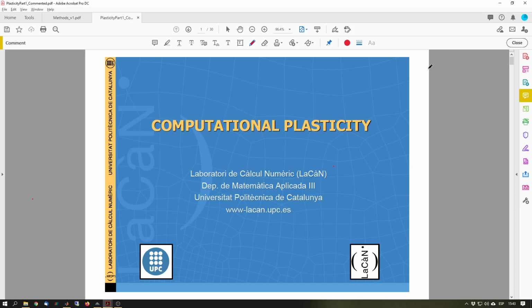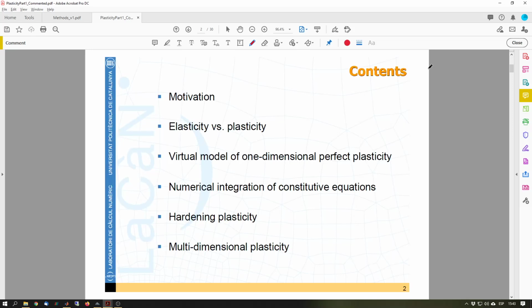So we're going to see first the 1D problems and compare how an elastic response would be versus a plastic response, and we would have also a one-dimensional toy problem where we can observe the main differences. We will emphasize the main difference between the elastic and the plastic formulations.